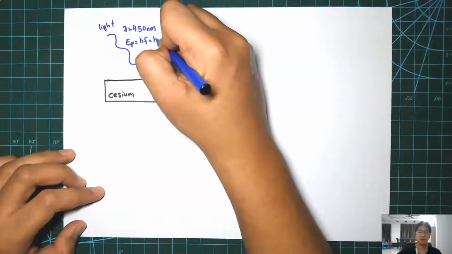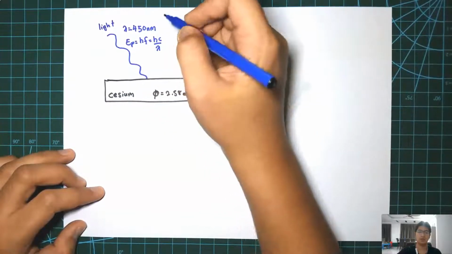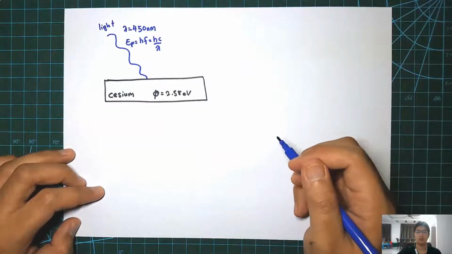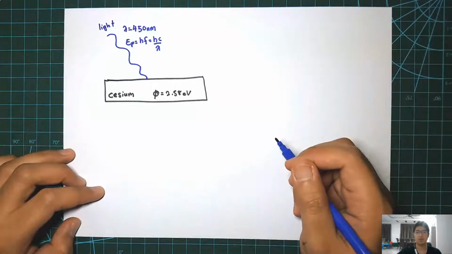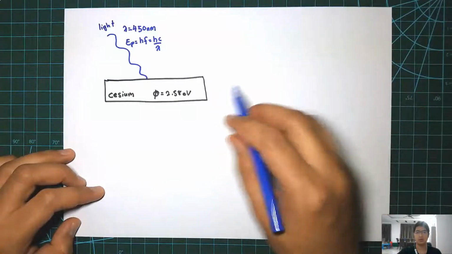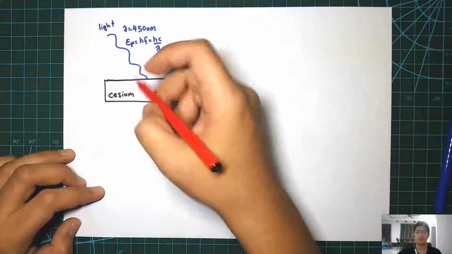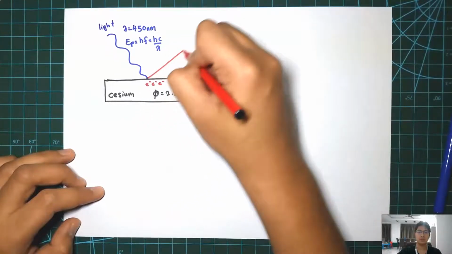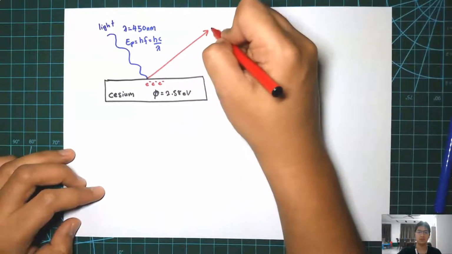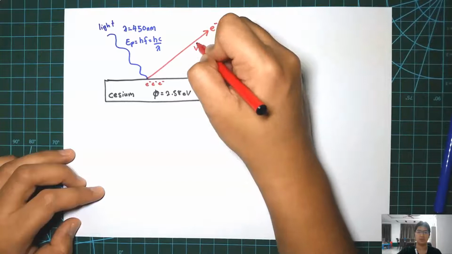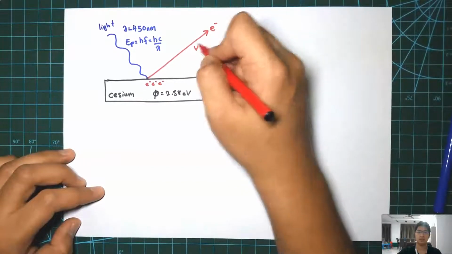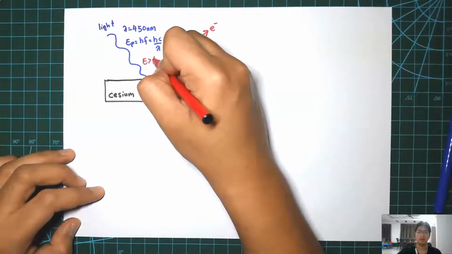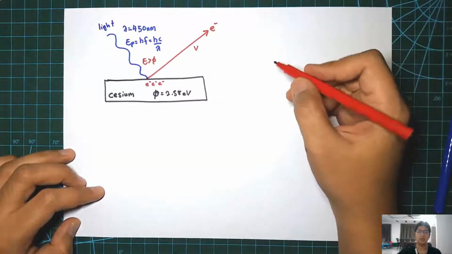You can calculate the energy from this equation. Energy of the photon equals hf, the Planck constant times the frequency, or the Planck constant times the speed of light divided by the wavelength. So this is the electron on the surface of the metal, and this is the ejected electron with a certain velocity if the energy of the photon is greater than the work function.